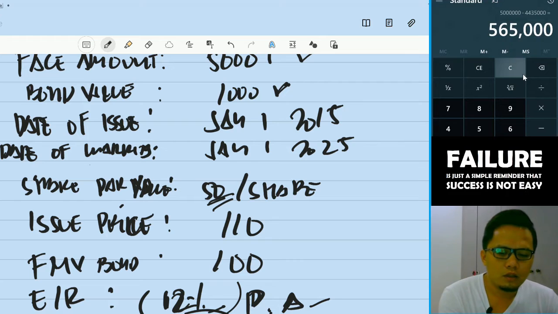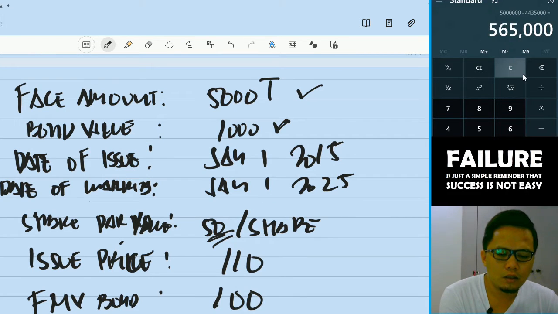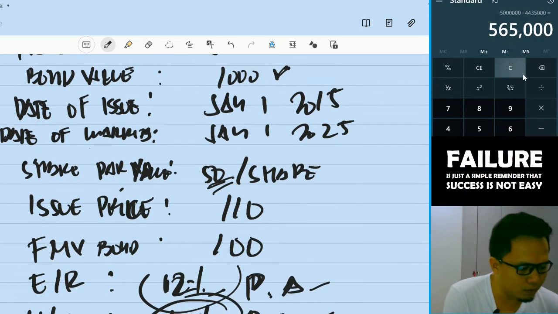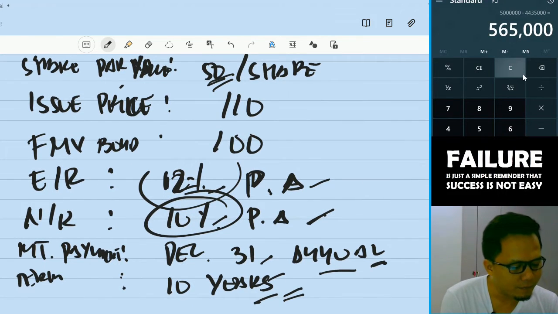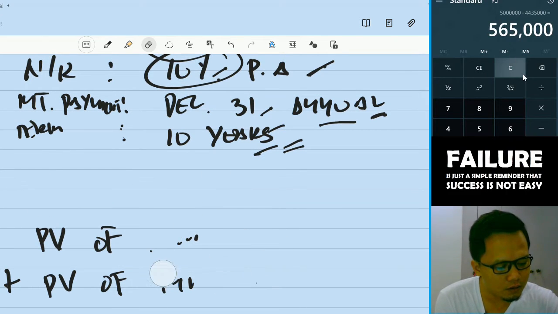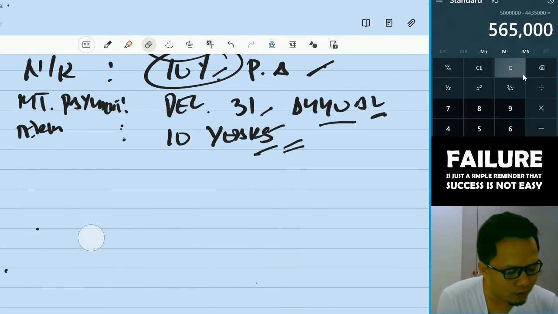So that is January 1, 2016, 2017, 2018, 2019, 2020, 21, 22, 23, 24, 25. So 10 years. Okay? January 1, 2025. I guess we are okay with the example.